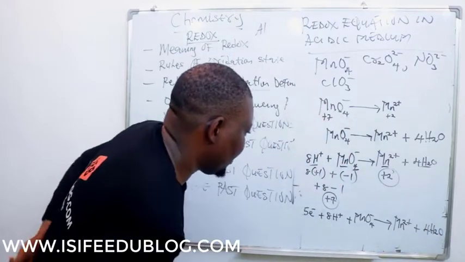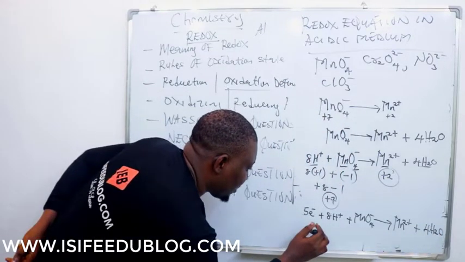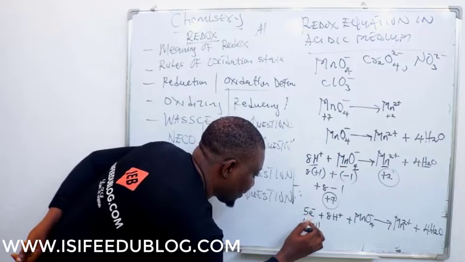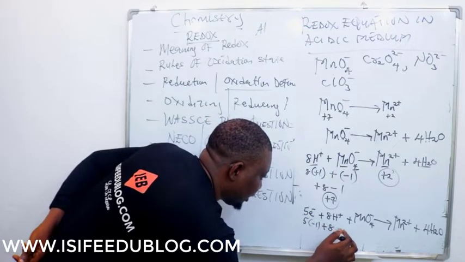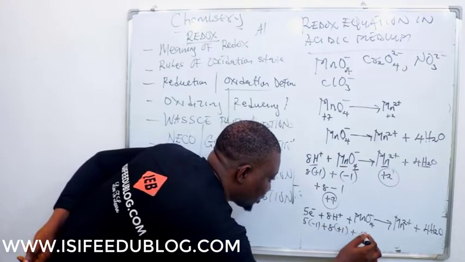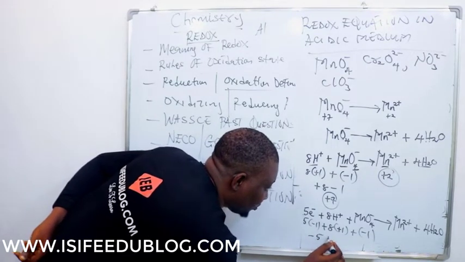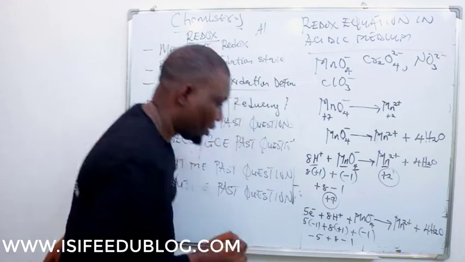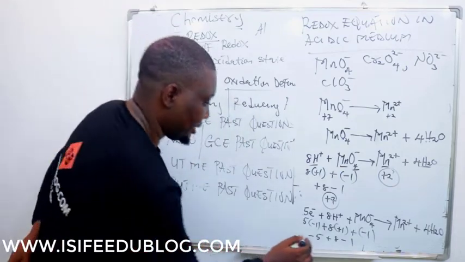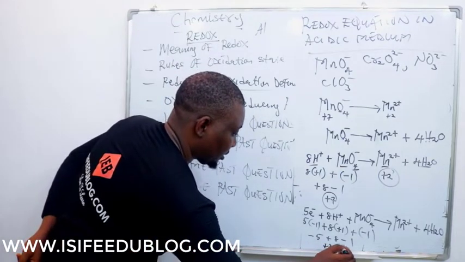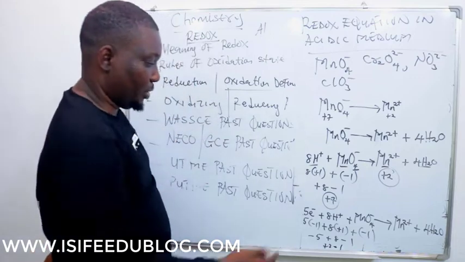Okay, let's say we are balanced. Now we have minus 1 multiplied by 5 here, and 8 multiplied by plus 1, plus minus 1. So 5 times minus 1 is minus 5, plus 8 minus 1. Minus 5 plus 8 is plus 3. Plus 3 minus 1 is plus 2. So this side is plus 2.